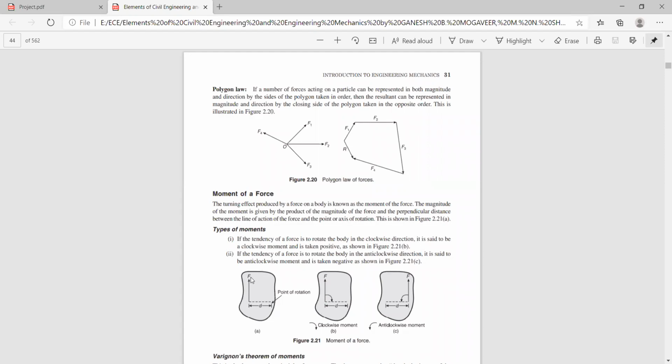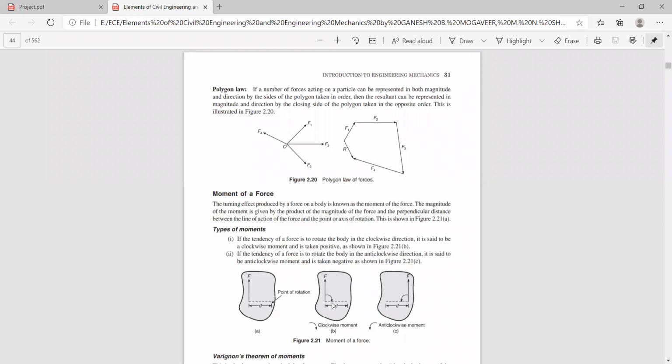So when you multiply the magnitude of the force with the perpendicular distance, the unit of moment becomes either Newton meter or kilonewton meter, and its multiples. Basically, the moment of a force has the tendency to rotate the body on which it acts, and the magnitude of the moment can be calculated by multiplying the magnitude of the force with the perpendicular distance about which the moment is taken. So now we know how to calculate the magnitude of the moment. That is nothing but the magnitude of the force and the perpendicular distance.